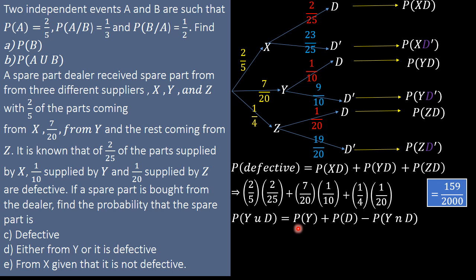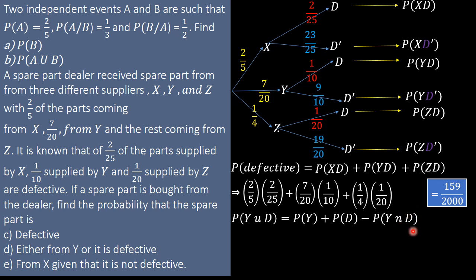Great. So by default, guys, it is going to be the probability of a part coming from supplier Y plus the probability of having a defective part, that is this inclusive guy. Okay, this defective here, guys, is not the same as the one we have here.